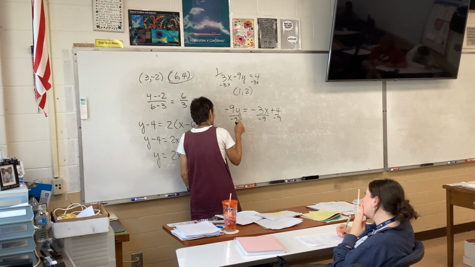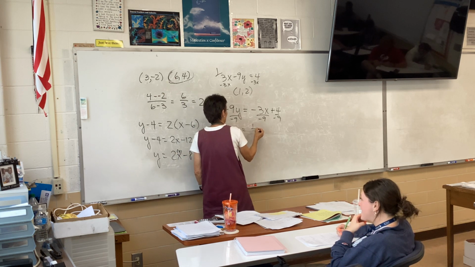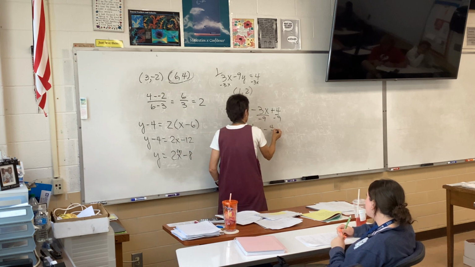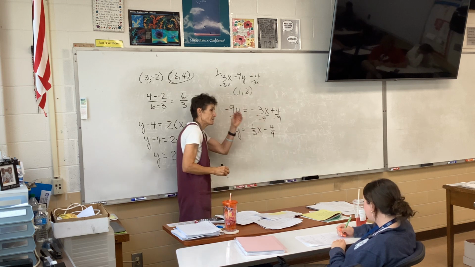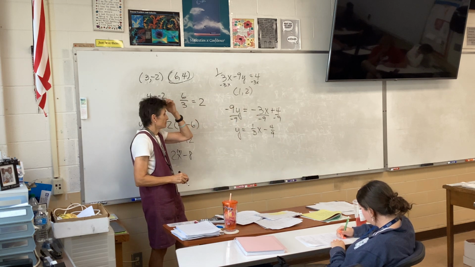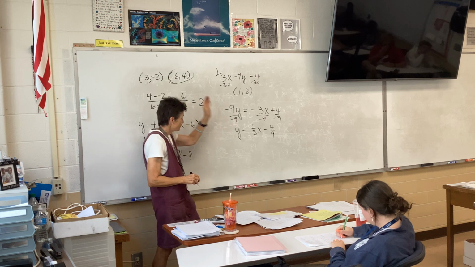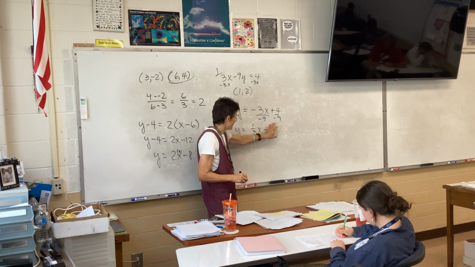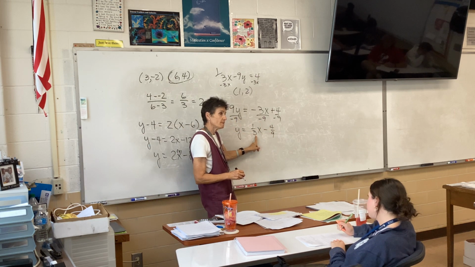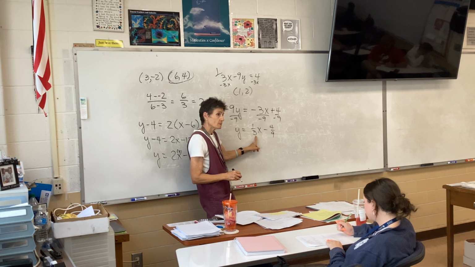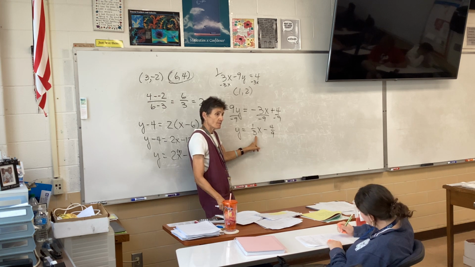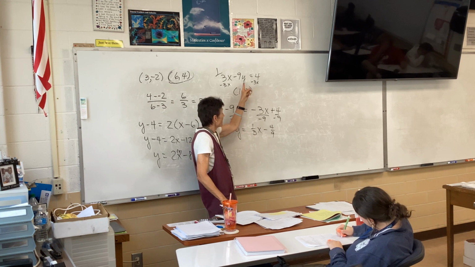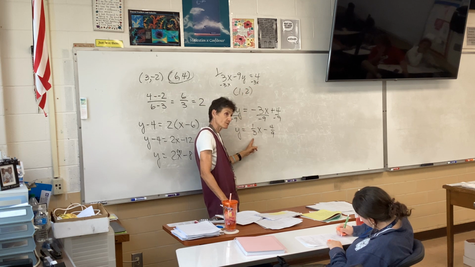So y, gotta get y completely by itself. 3 over 9 is 1/3. Don't worry about the constant. This is the important part: the slope of that line is 1/3.